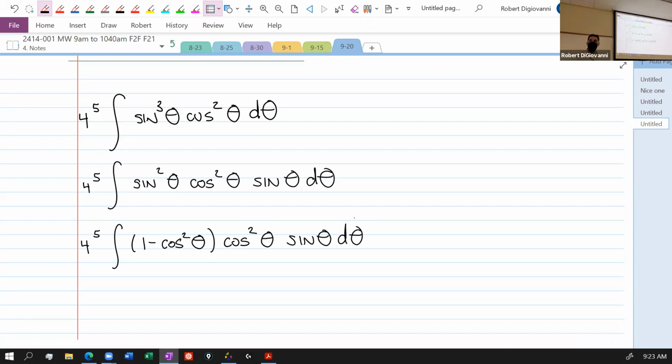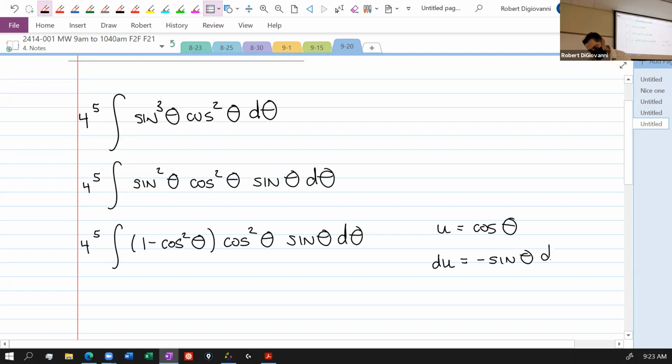U sub. What's the U substitution? Cosine theta. So U is now going to be cosine theta. Everywhere I see a cosine, I replace it with U. Now, what's the derivative of this? The derivative of that would be negative sine theta.